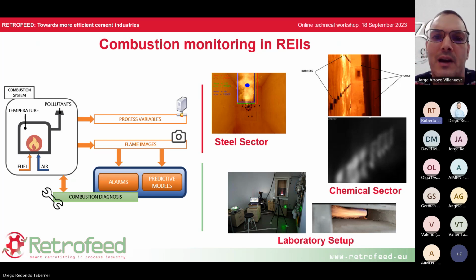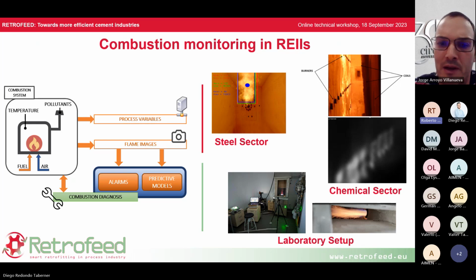We have worked in the last year for the steel sector. It's important to mention that a diagnosis system based on images does not need the image to be visual. We can work with the ultraviolet, like in the case in the chemical sector.